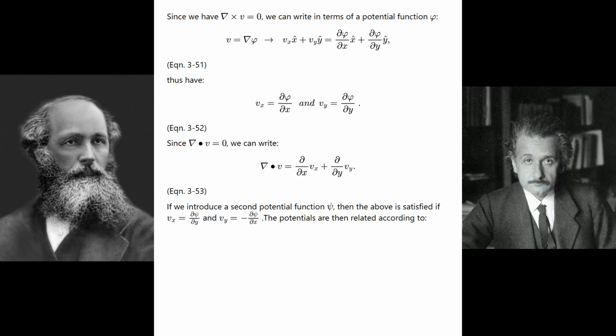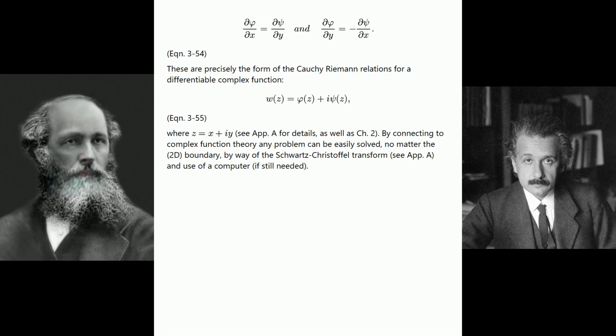If we introduce a second potential function psi, then the above is satisfied if v sub x equals partial derivative of psi with respect to y and v sub y equals minus partial derivative of psi with respect to x. The potentials are then related according to, see equation 3-54.